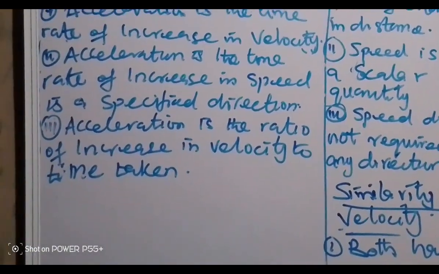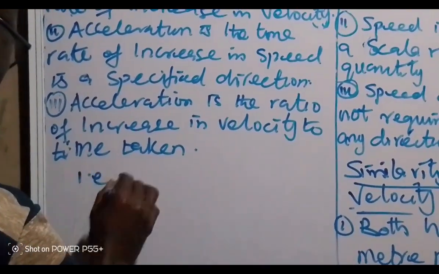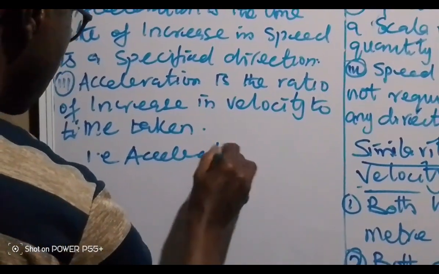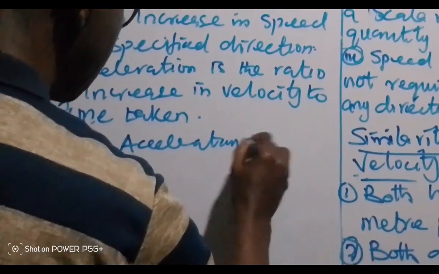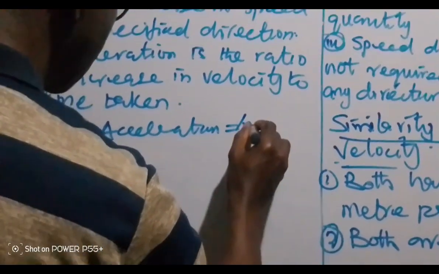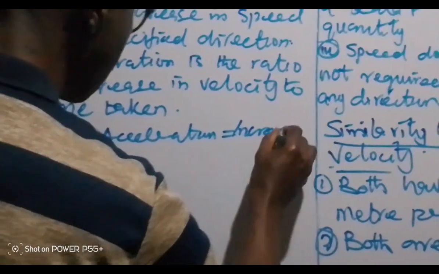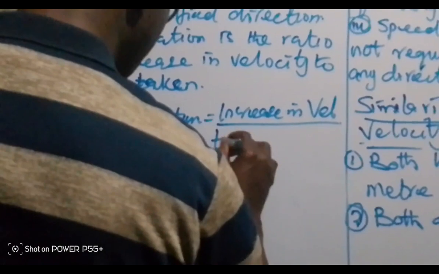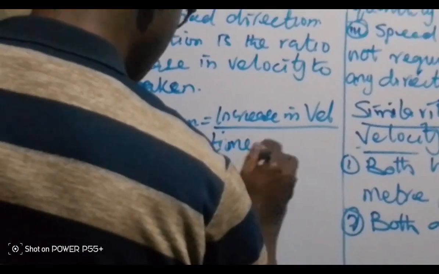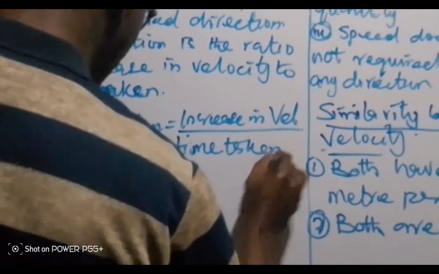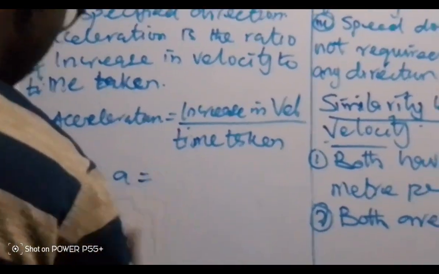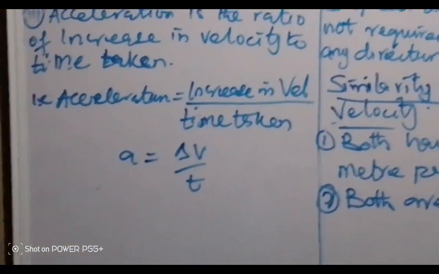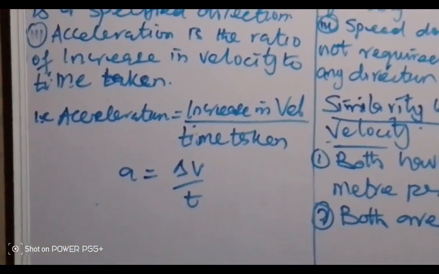Now, we can say that acceleration is equal to increase in velocity over time taken. That is, a is equal to delta v over t. That is the mathematical relation.